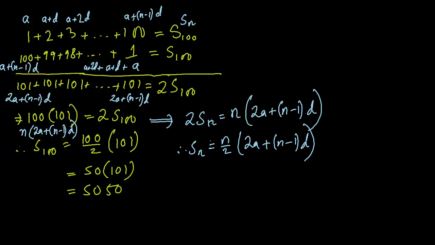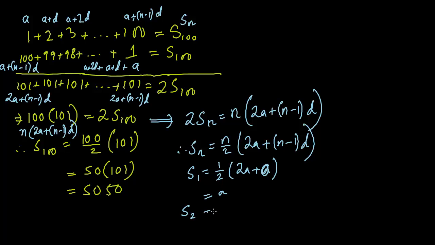It is important to remember we are starting from the first term, because it could be any term from the middle. Since it starts from the first term, we call this the sum of the first n terms of an arithmetic series. If you want to find S1, it would be 1 by 2 times (twice a plus 0d), so the 2 and 2 cancel and we get a.